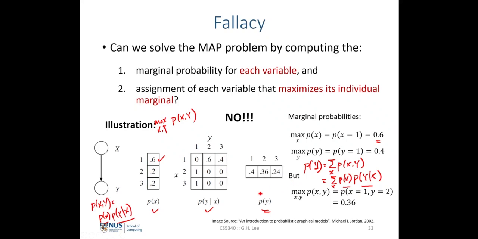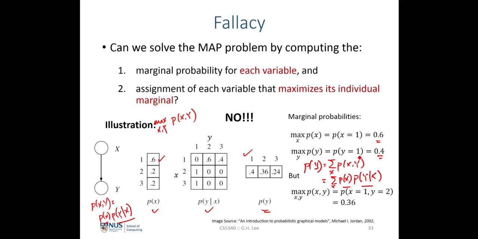As a result, the marginal probability over y would be given by this table over here. Looking at this table, the maximum probability over y would be 0.4, at the state where x equals 1 and y equals 1.